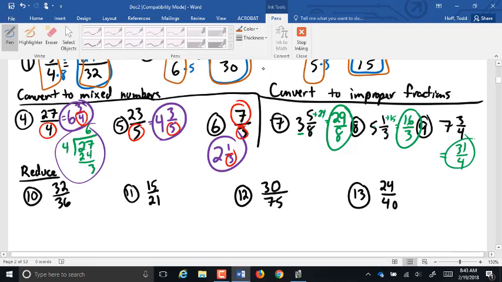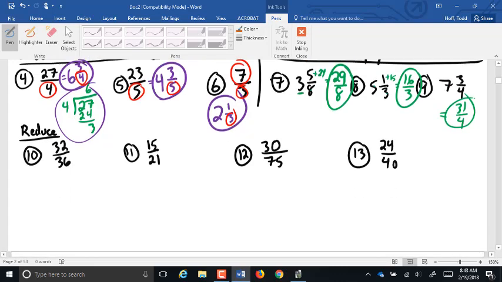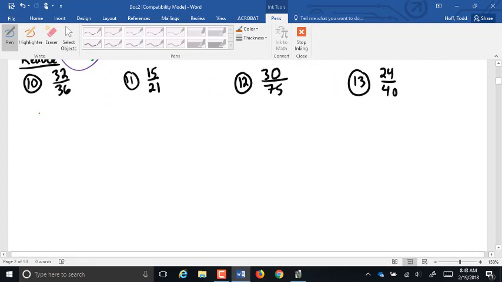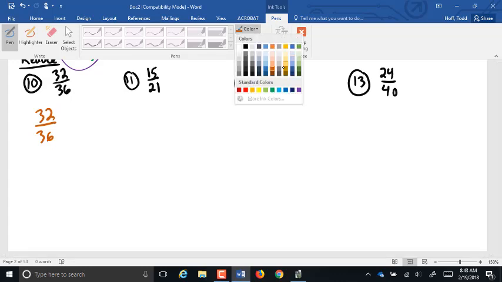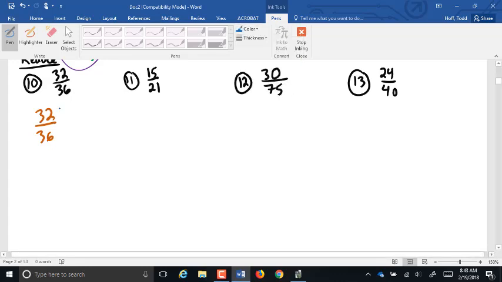Now the skill we probably use most often is this next one, reducing. We have 32 over 36. What can both of those be divided by? 4 works.